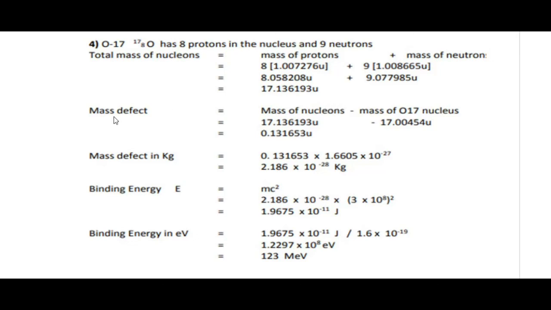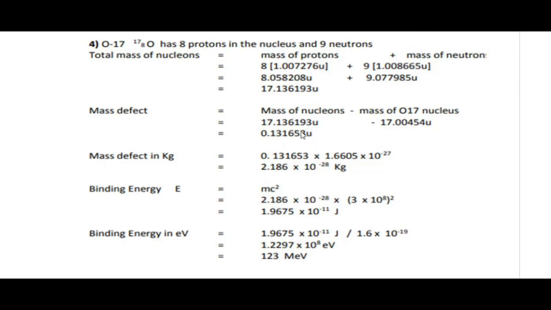And then, in order to get the mass defect, we'll need to subtract this by the atomic mass. So, mass of nucleons, this one, minus the atomic mass of the original one. So, that's 17.004. So, the total mass defect is this.